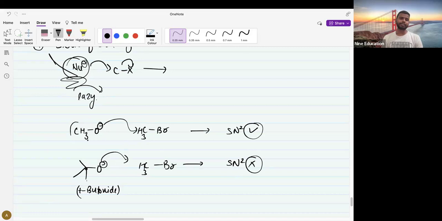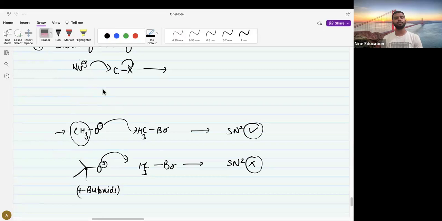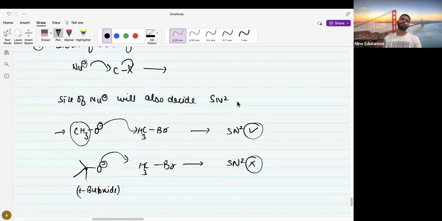So the steric factor, the size of the nucleophile, will also tell us whether the reaction will go or not. Size of the nucleophile will also decide the SN2 reaction.